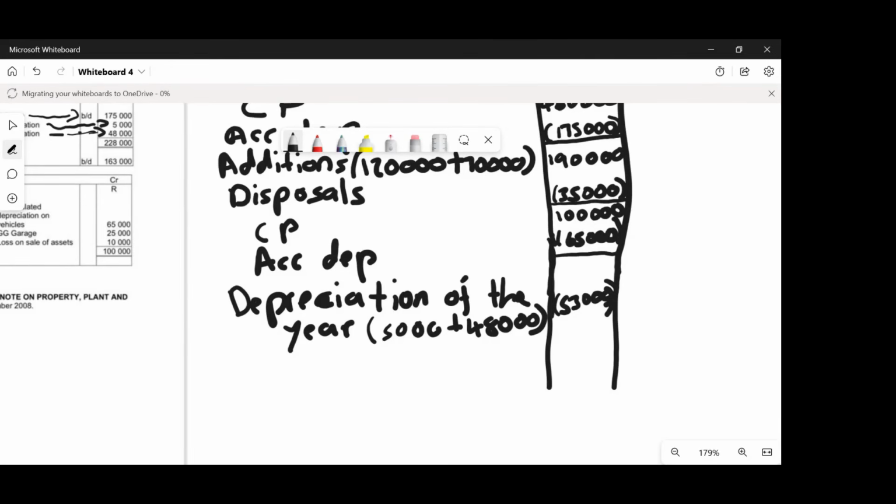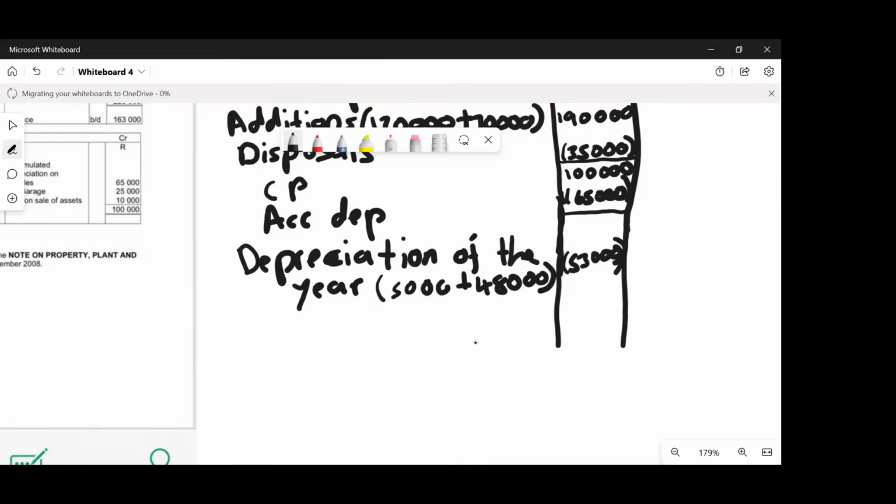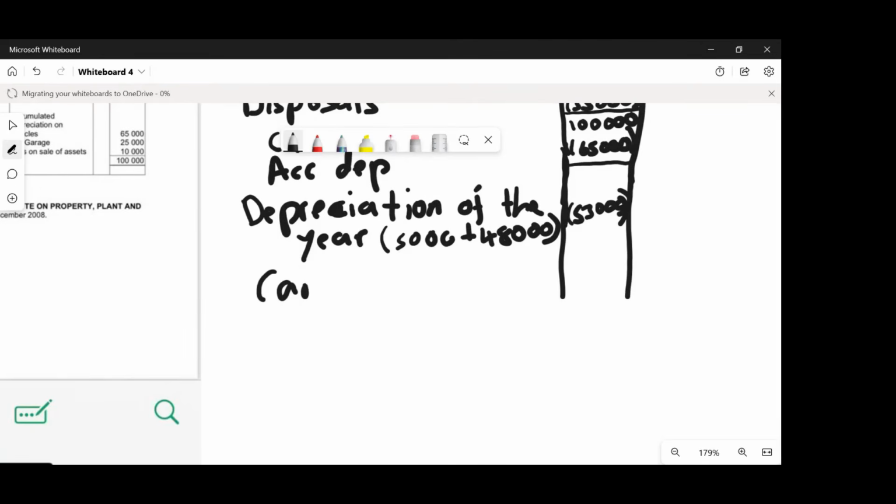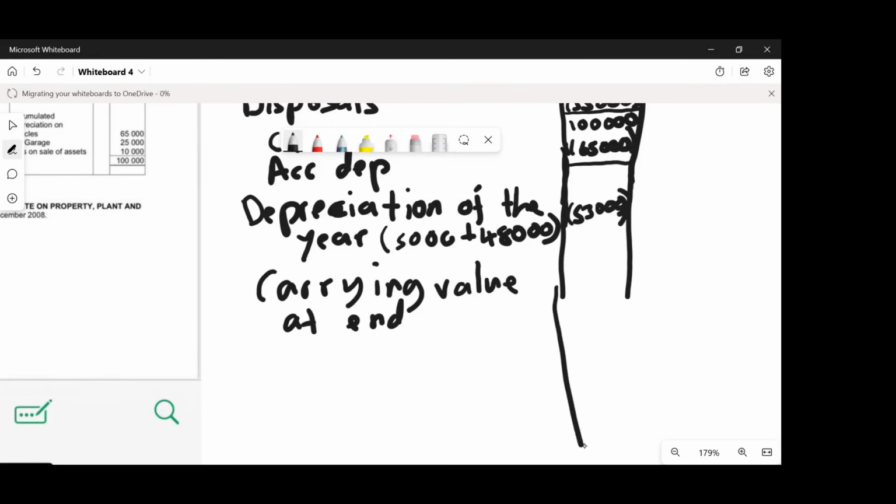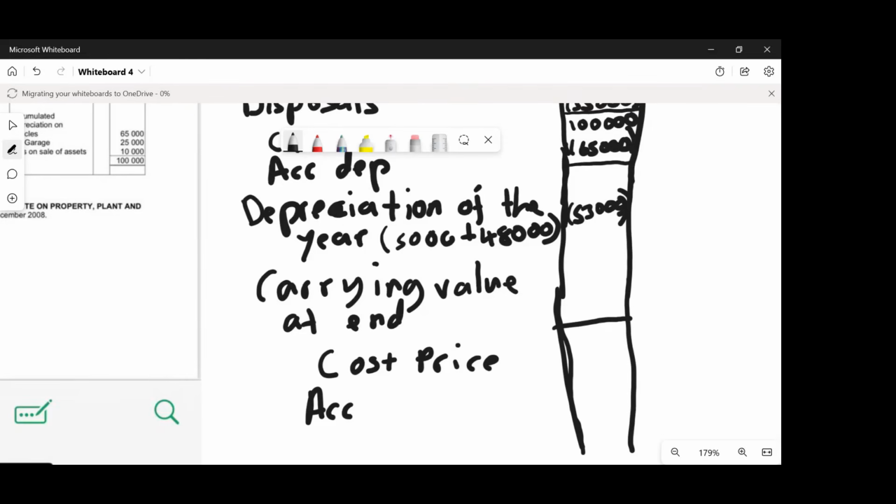And then after having recorded your depreciation, we record our carrying value at the end. In which you have your cost price, and then you have your accumulated depreciation at the end.